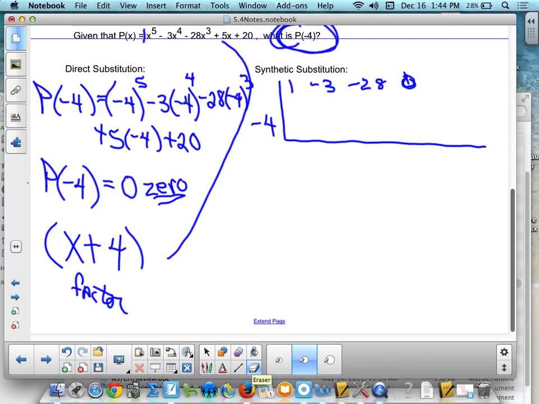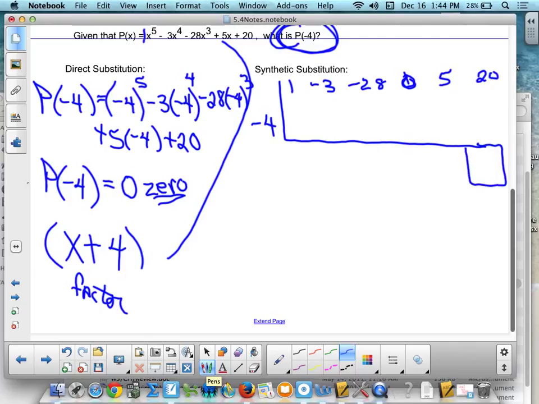You see how it goes 5, 4, 3, down to 1? You see that number I put there? How did I know it should be zero? Because I directly put it in and got zero, I should get zero.